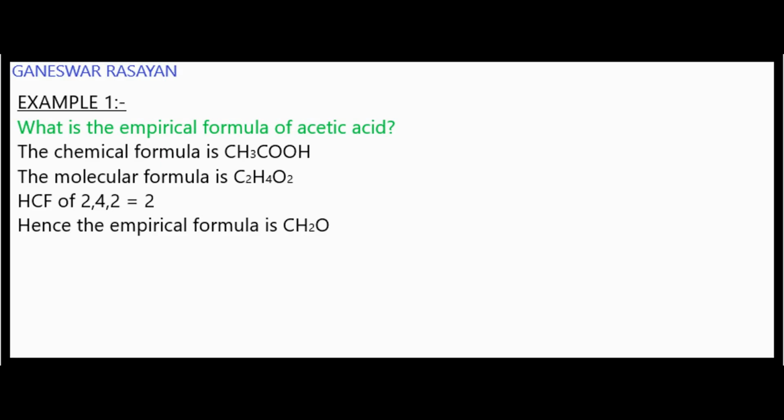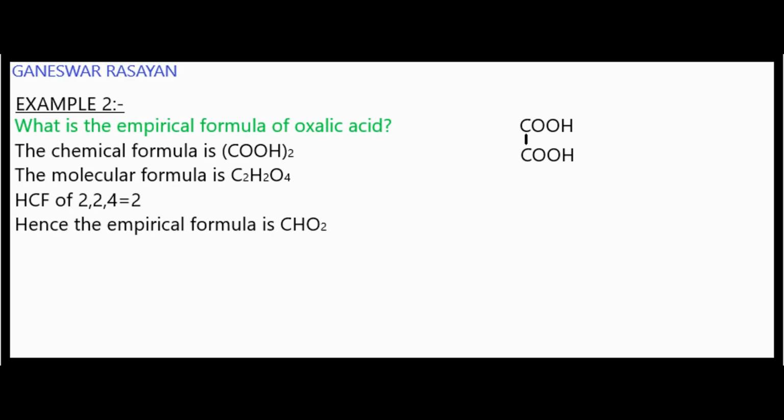Let us see example 1. What is the empirical formula of acetic acid? The chemical formula is CH3COOH. The molecular formula is C2H4O2. The HCF of 2, 4 and 2 is 2. Hence the empirical formula is CH2O.